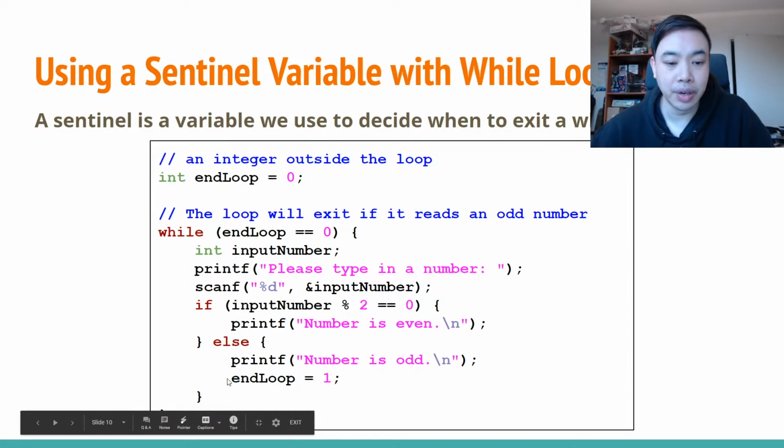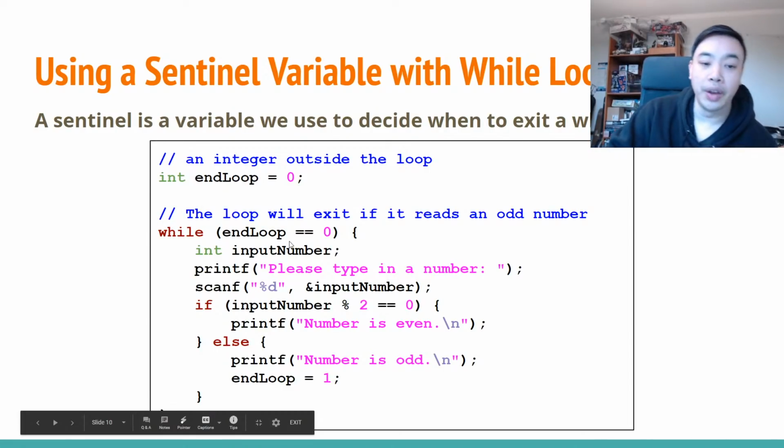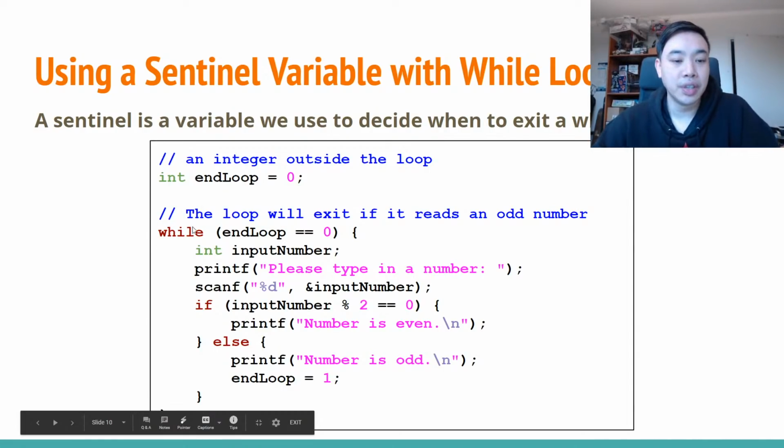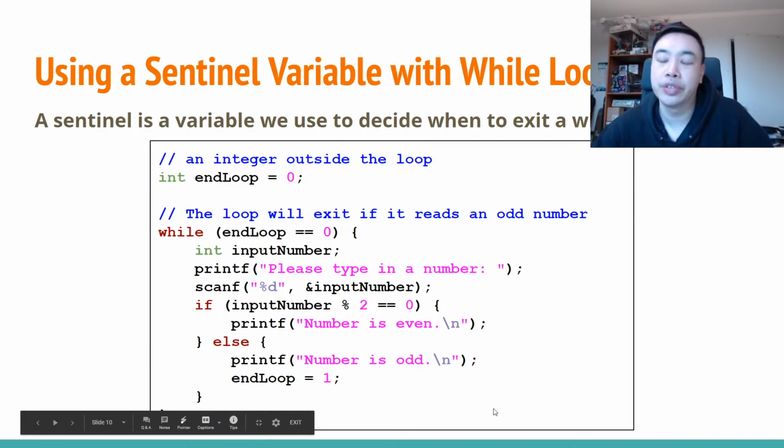If we type in an odd number, then end loop is equal to 1, so end loop becomes true. When we come up here to the while, I'm asking if end loop is equal to 0. If I've flicked end loop to 1, then end loop does not equal 0, so this question will fail here, in a sense. The while loop will skip over and it'll finish.